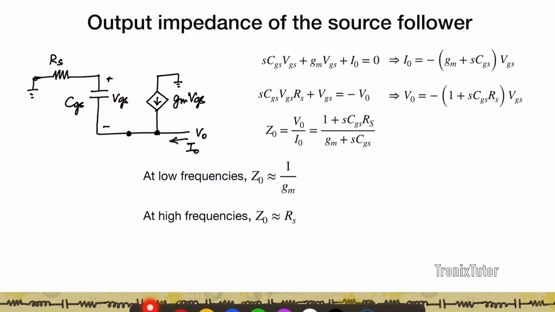At low frequencies, when jω is very small, this looks like 1/gm, which is what we know. In the midband, we use the source follower to get a small output resistance. It's normally used as the last stage of a voltage amplifier. So your Z0 is 1/gm at low frequencies. At high frequencies, when s tends to infinity, you get Z0 as RS.